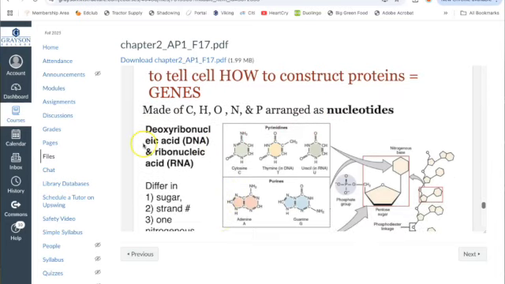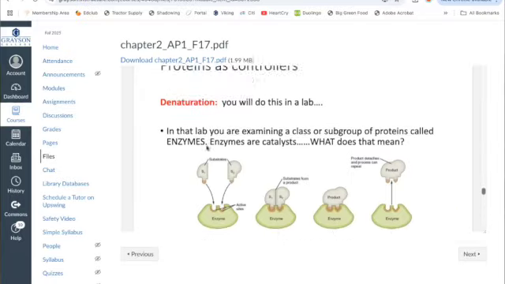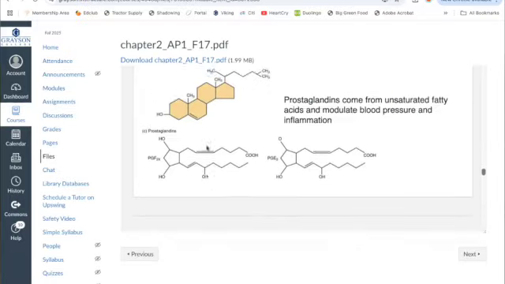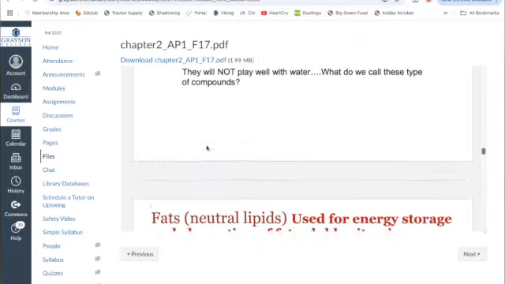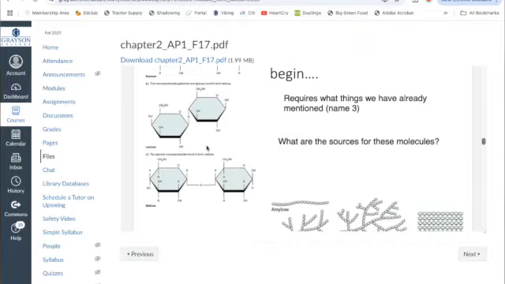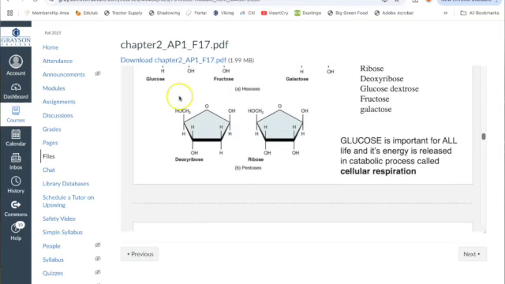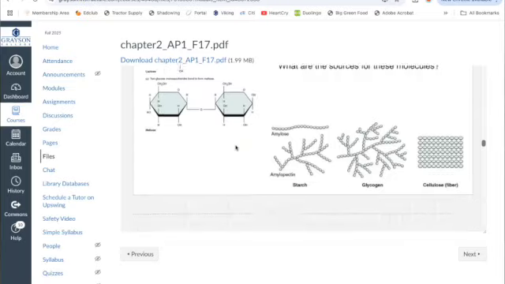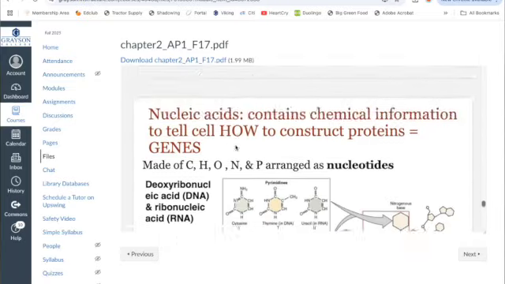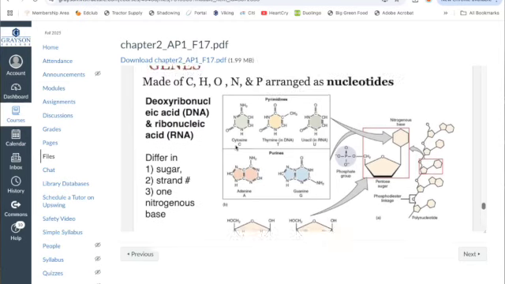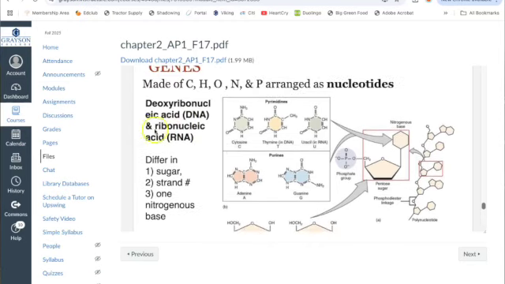So DNA is deoxyribonucleic acid. We've seen when we did the sugar part right here, deoxyribose. So this is used in DNA. And ribose, ribonucleic acid, is used in RNA.